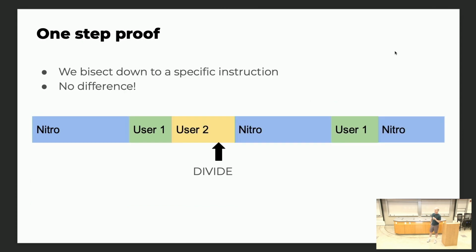Okay, so with all of that stuff in place, when we need to do a fraud proof, when we need to have a dispute, it works the same way that it does today on Arbitrum. You can first bisect over the execution trace down to a single specific instruction where Alice and Bob, or multiple people, disagree about what the outcome of that instruction is, and then you can fraud proof over that instruction.